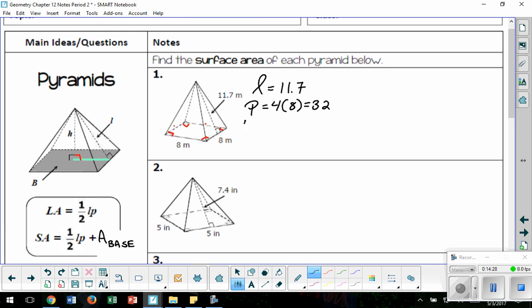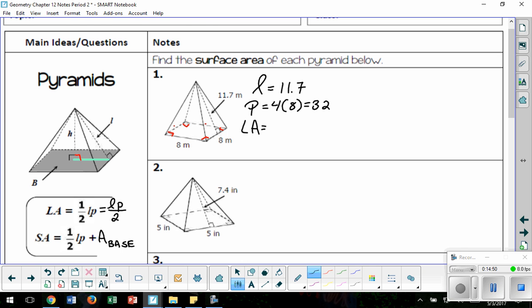Find the lateral area. So back over here at the lateral area for a second. You can also write this as LP over 2, which I always like to put the fraction over 2. Okay, it's always easier.